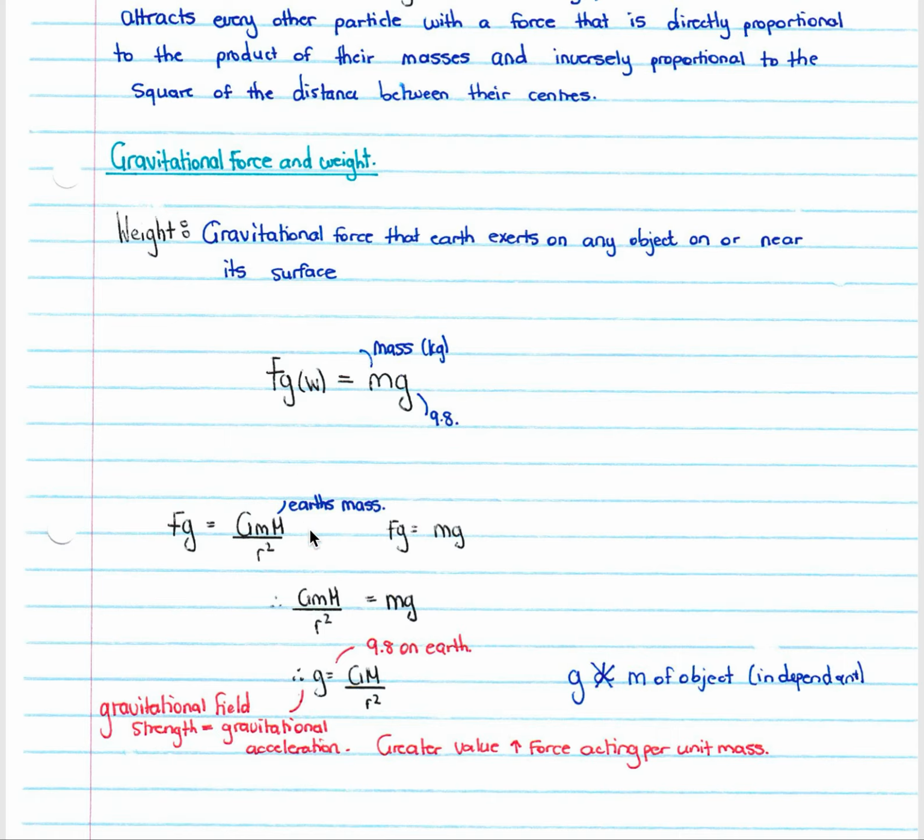When we look at the attraction of Earth, we look at Fg equals G, the constant, times M, with M being the Earth's mass, over r squared, and weight being mg.